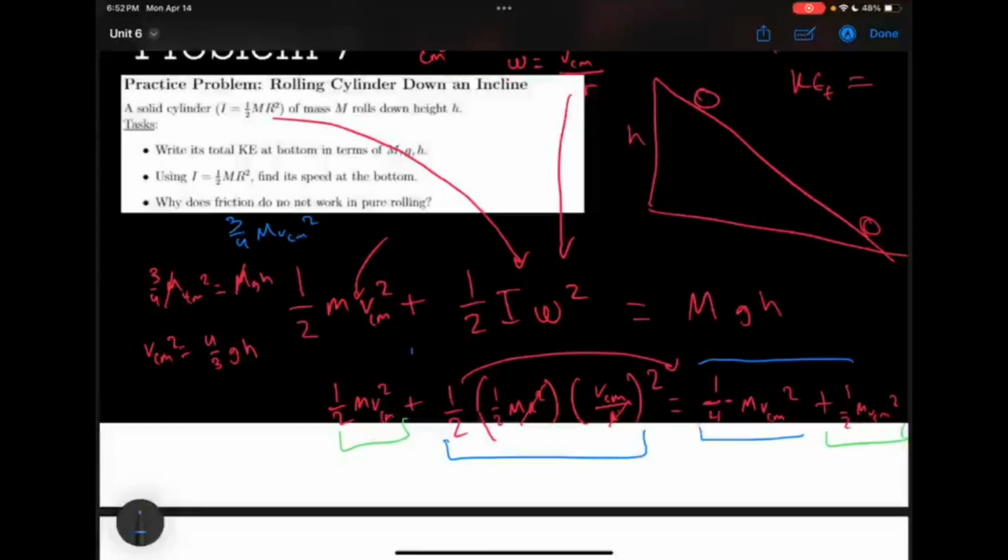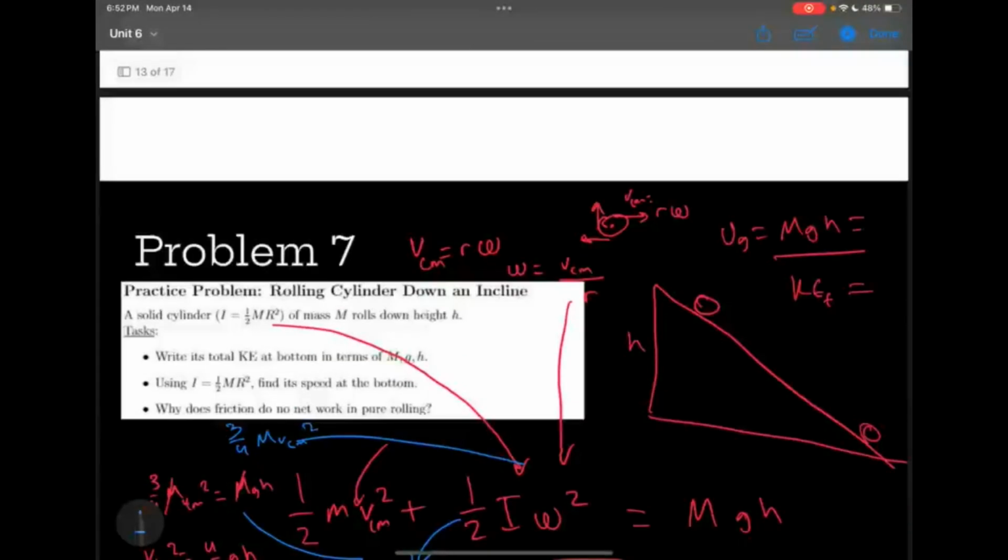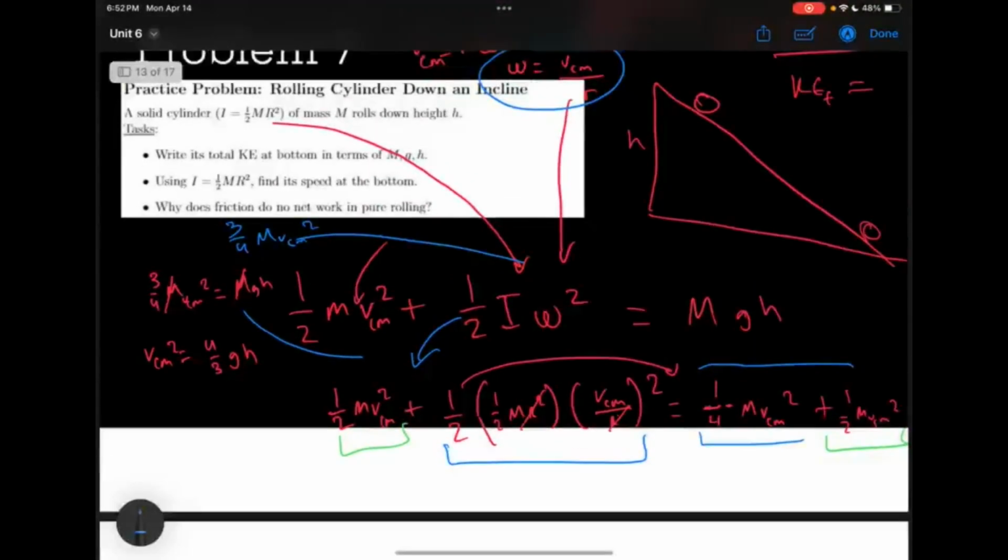All the calculations for that are done out here. It's really just algebraic expansion, plugging in the rolling without slipping condition. And from here, we can find its speed at the bottom. That means it would be the square root of 4/3 gh, just doing some algebra there.